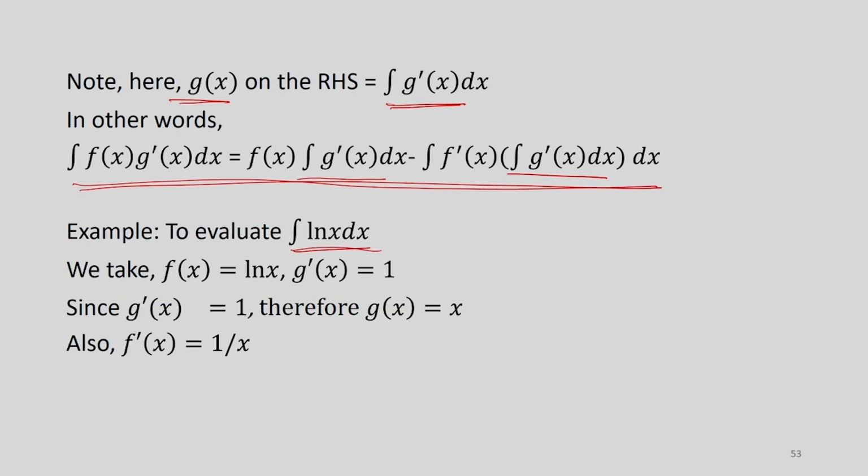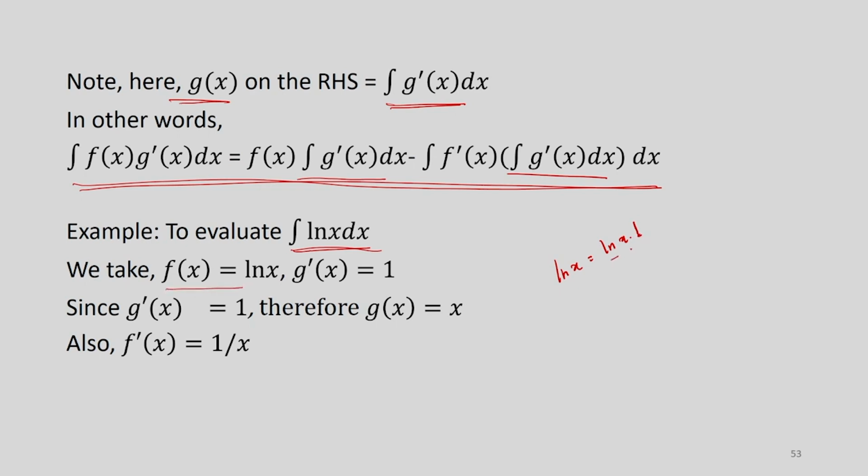Here you have as the integrand log natural x, just that. Now, log natural x itself can be thought of as log natural x multiplied by 1. Okay. So, that is what I have written here.